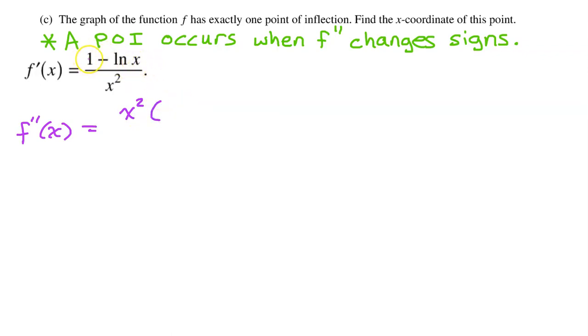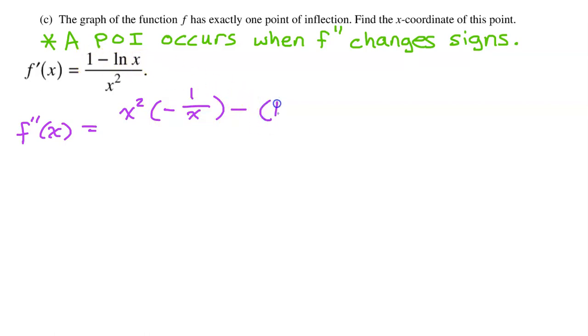The derivative of 1 is nothing, so I write nothing. Now the derivative of negative natural log x. I'm going to bring down the negative sign, but the derivative of natural log x is 1 over x. So that's low d high, less means subtraction, high d low.